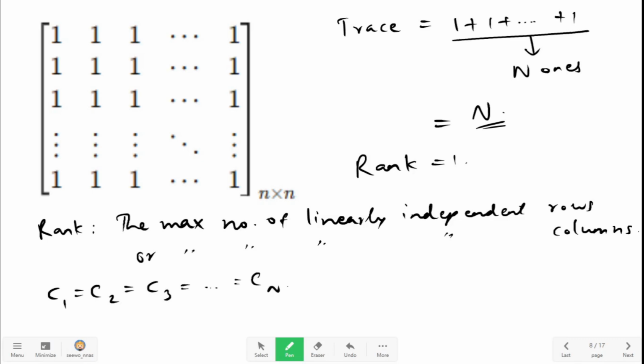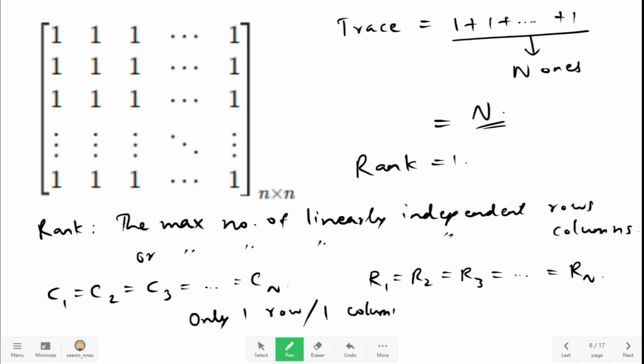Any column can be written as equal to another column, and for rows also we can write R1 is equal to R2 is equal to R3 is equal to etc. is equal to Rn. Therefore all rows are dependent on each other. Only one row or one column is independent. Therefore rank is equal to 1.